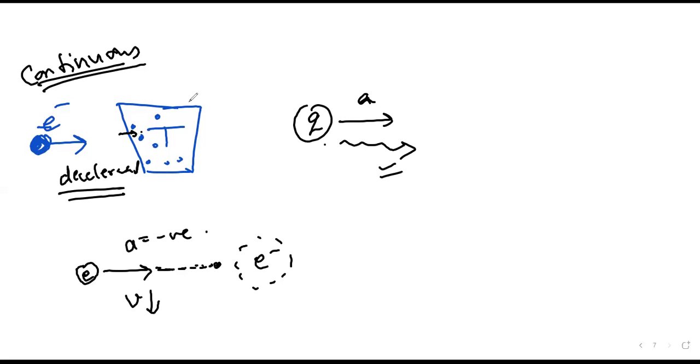How can it enter it? Wouldn't it be repelled? Because it will be at the closest distance, it will be repelled. So there is a work-energy principle here. At a distance the energy will be zero.